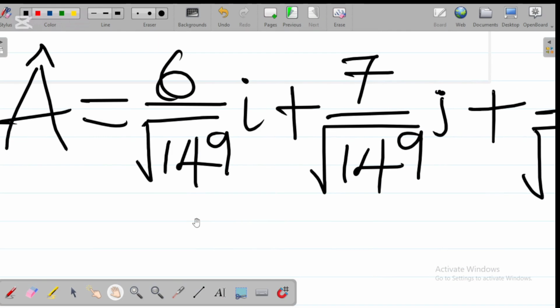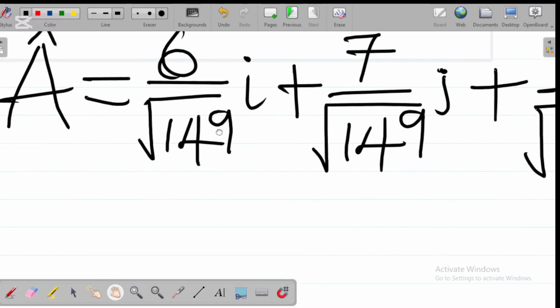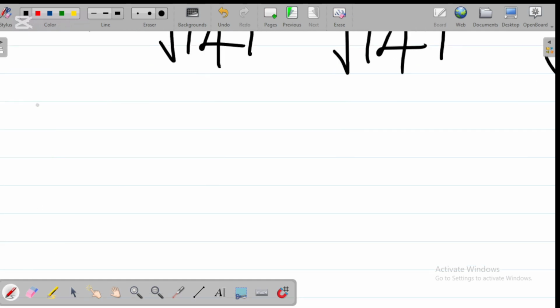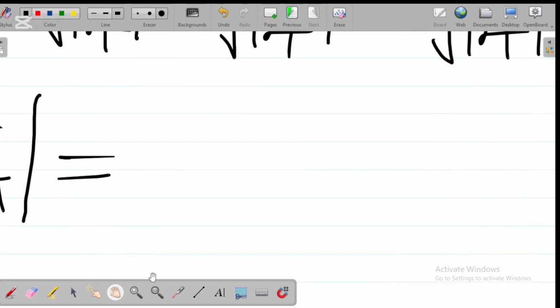All right, let's confirm if our answer is correct. How do we check if our answer is correct? To check if your answer is correct, you simply find the magnitude of your answer. So we are going to find the magnitude of the unit vector of A. And to find magnitude, you have to apply Pythagoras theorem.